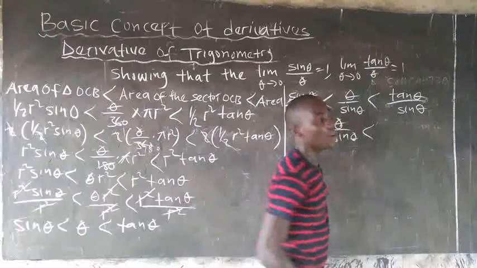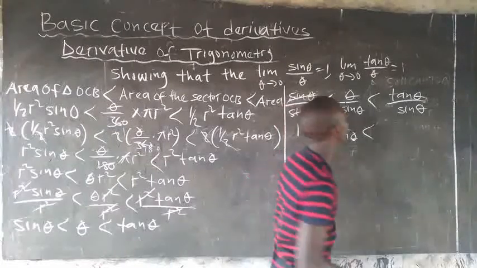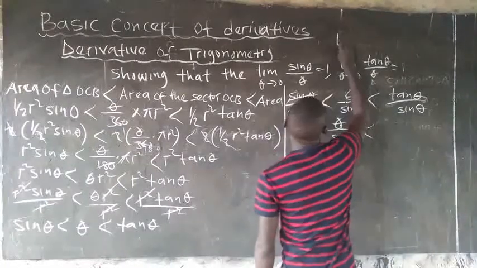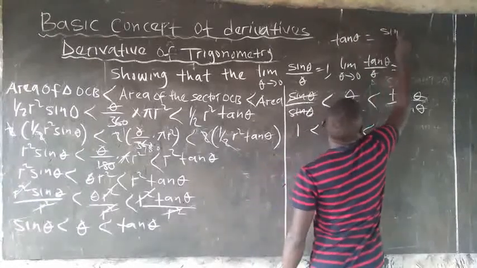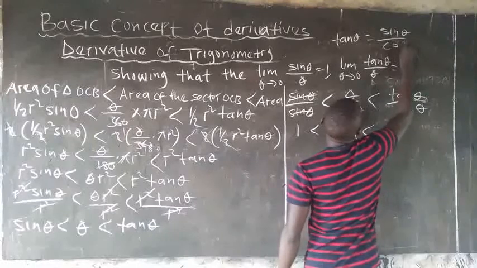But don't forget that tan theta is equal to sin theta over cos theta.